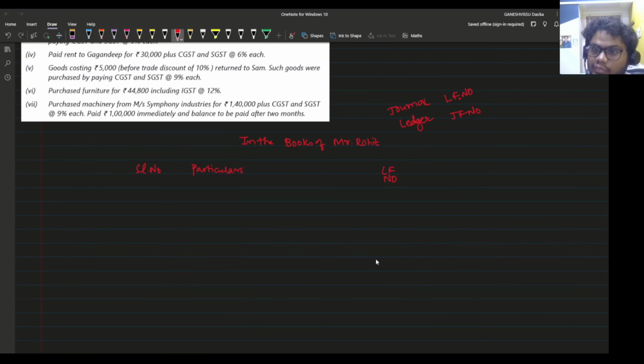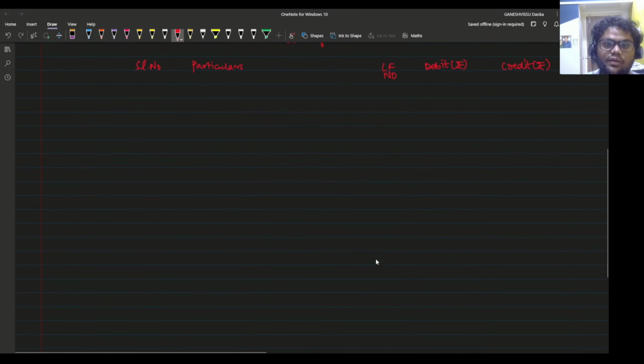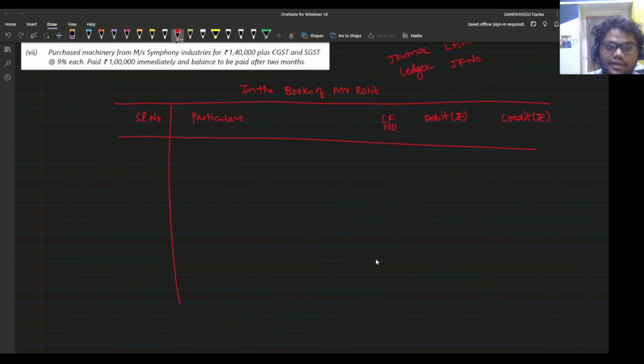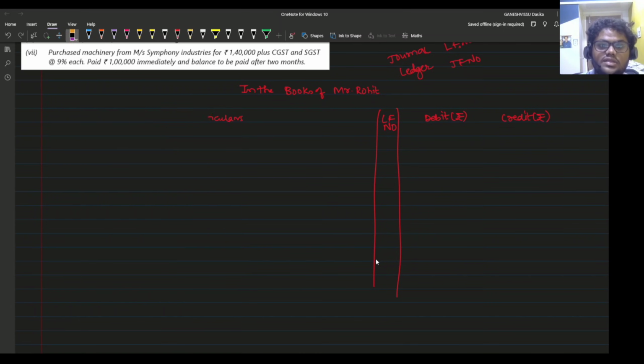LF number, debit rupees, and credit rupees. Of course, you can prepare the whole table like this, like preparing a long table, or else you can write the entries directly for your convenience. For convenience we are not going to use this table. This is the format.